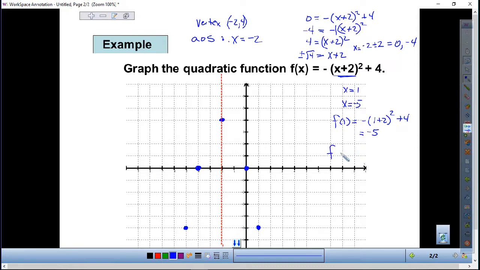But let's find f of negative 5 just to make sure. So when we do that, we've got negative (negative 5 plus 2) quantity squared, plus 4. What's negative 5 plus 2? That's going to be negative 3. Negative 3 squared is going to give me a 9. That's negative 9 plus 4, which gives me negative 5 again.